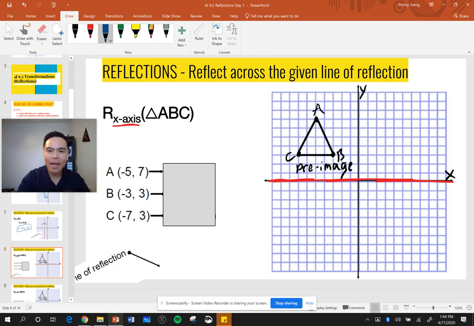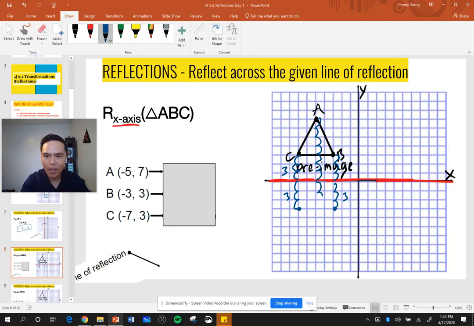So if I'm trying to find, let's just start with C. I want to see how far away C is. It's 1, 2, 3 away. So therefore reflected, it has to be 1, 2, 3 away. For B, 1, 2, 3 away, right? Does that make sense? And now A is going to be 1, 2, 3, 4, 5, 6, 7.